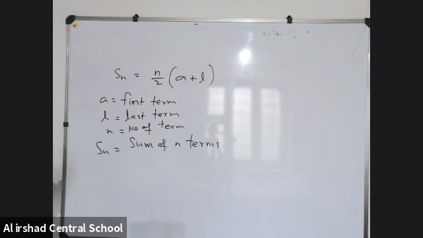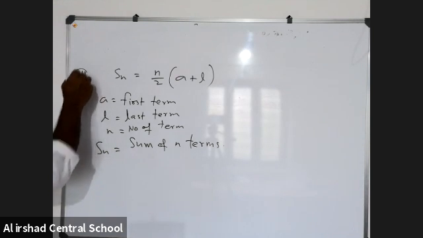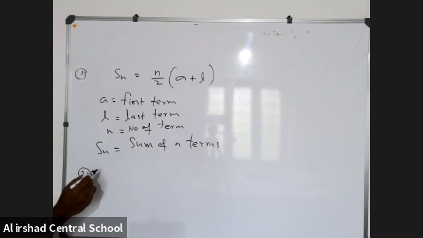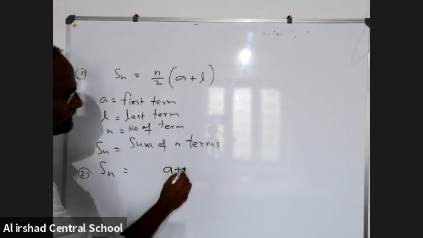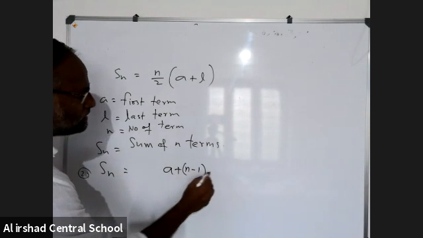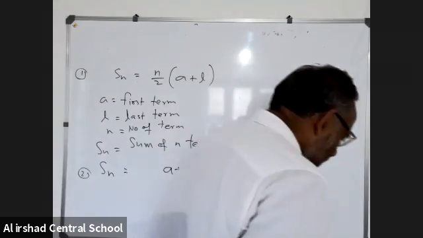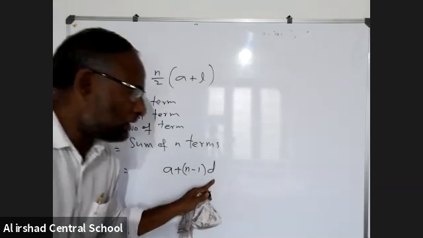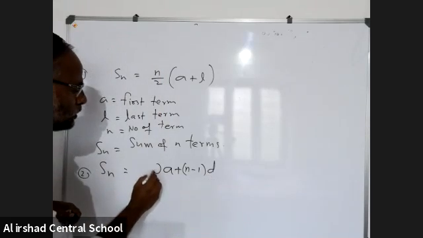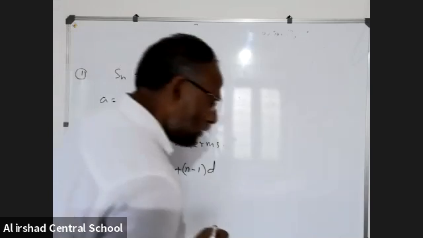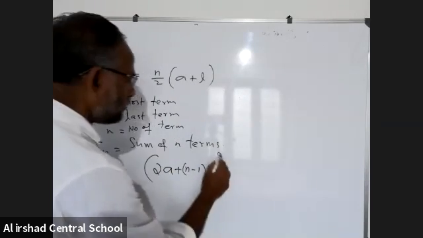Now one more equation. This is the first formula. One more formula: Sn is equal to a plus n minus 1 into d, which we studied. See the formula here, n minus 1 into d is there. Here 2a, and you can put the bracket outside.